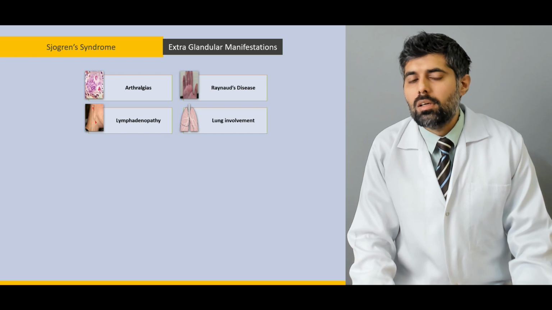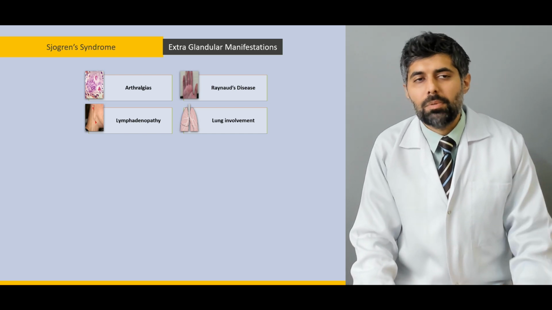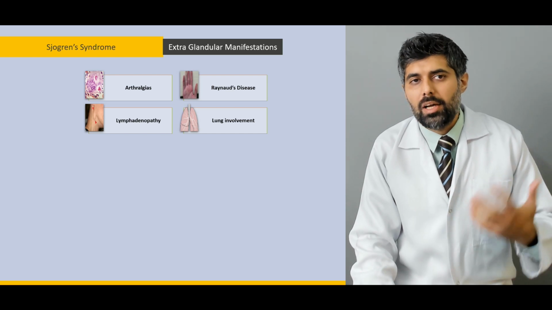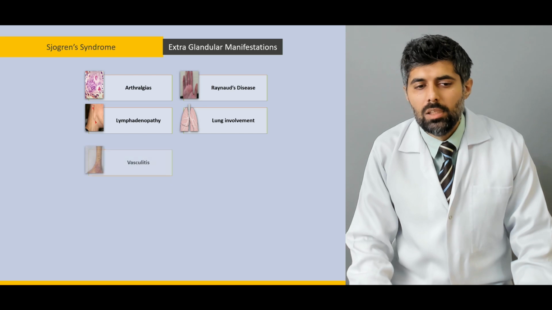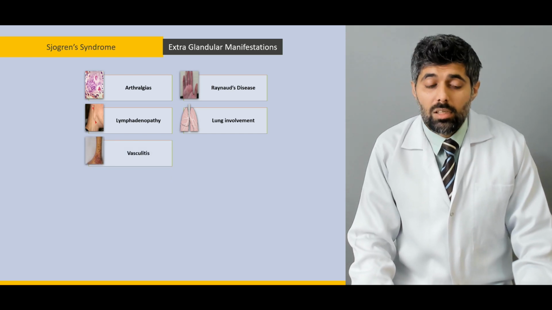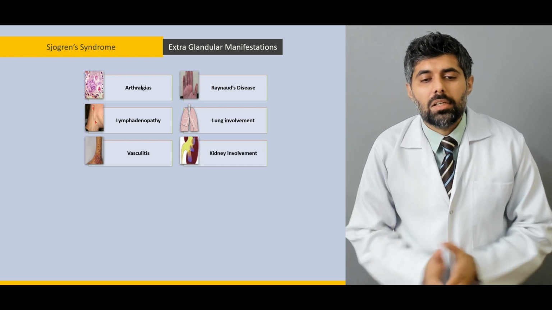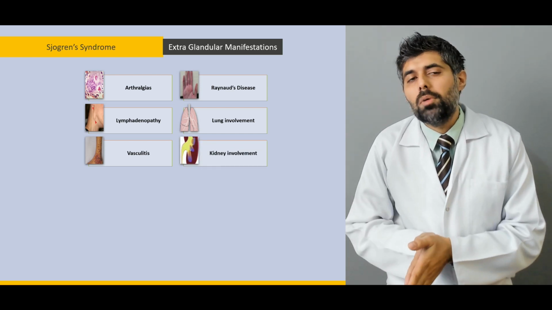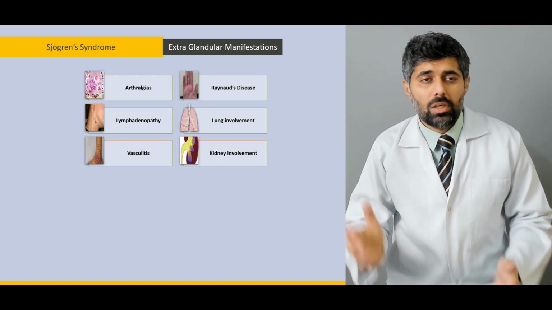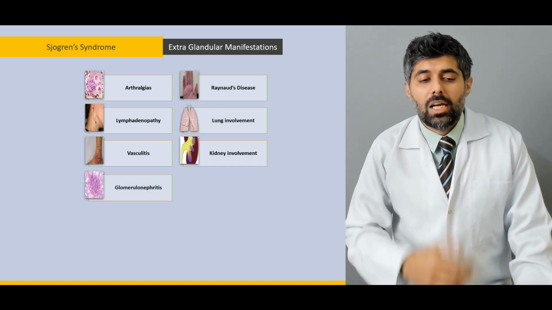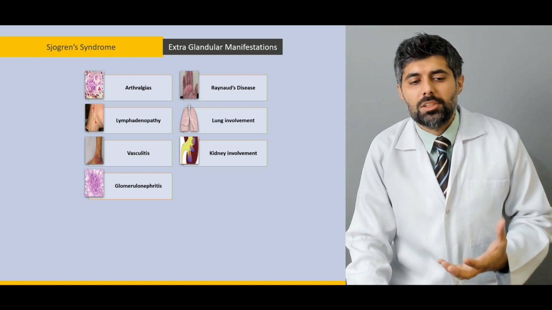It can even occur as lung involvement, as I mentioned previously, due to a dry trachea resulting in chronic dry cough. It can even occur as a vasculitis. It can even occur with kidney involvement, from glomerulonephritis to renal tubular acidosis. It can even occur as simply glomerulonephritis.